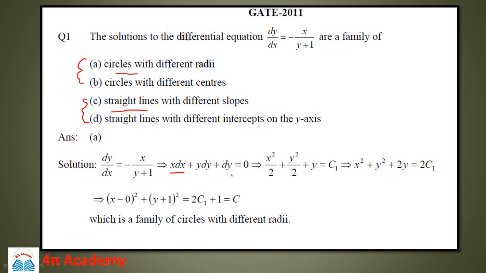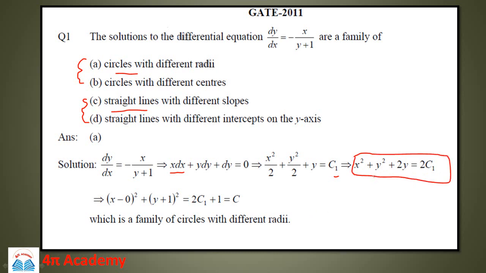Now integrating this equation, we get x square by 2 plus y square by 2 plus y, and this should be equal to an arbitrary constant. Multiplying this whole equation by 2, we get x square plus y square plus 2y is equal to 2 times c1. So this is our solution.